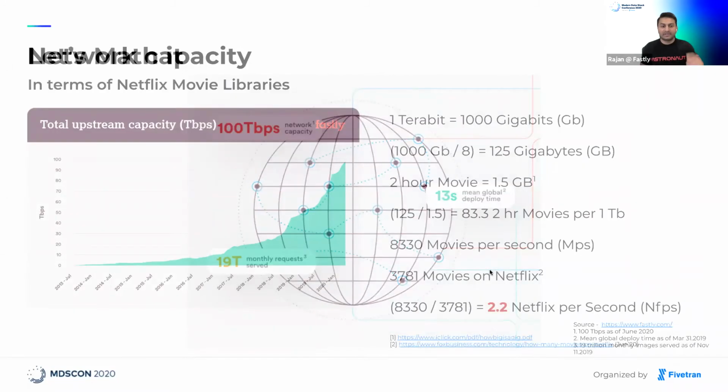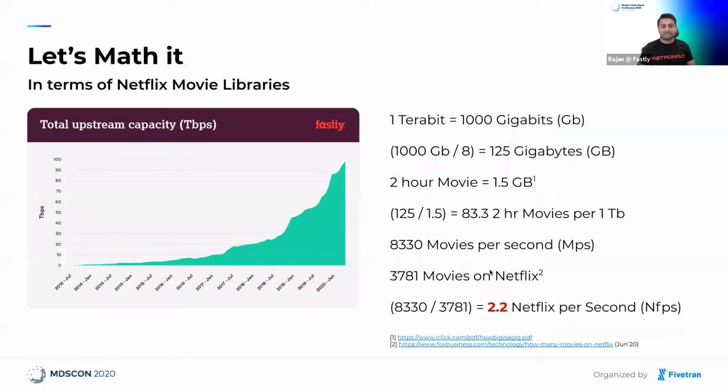I want to zoom in a little bit on what this network capacity translates into. I'm going to use a Netflix example. An average movie, which is 2 hours long, is about 1.5 gigabytes in size.